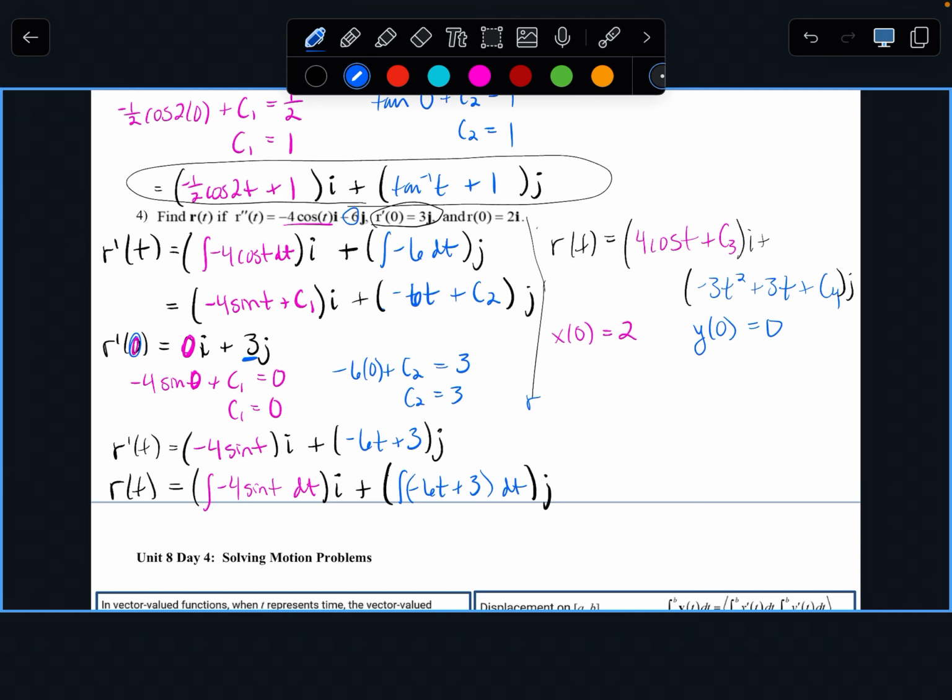All right, so what is that? 4 cosine t plus, what would c sub 3 be? -2, right? Oh, I should write -2. i plus, and then you would do -3t squared plus 3t.